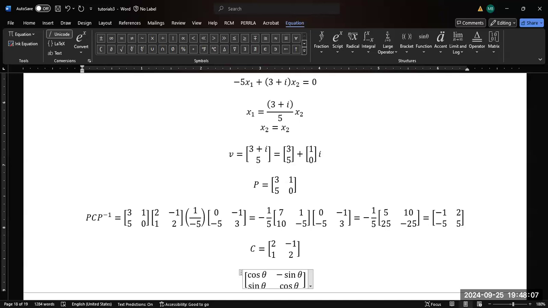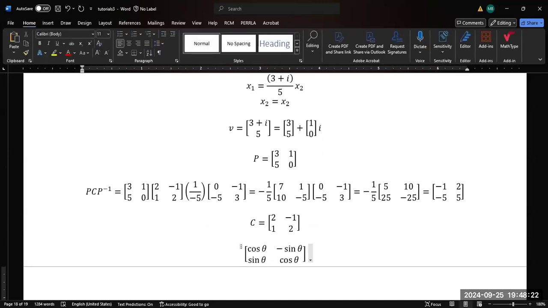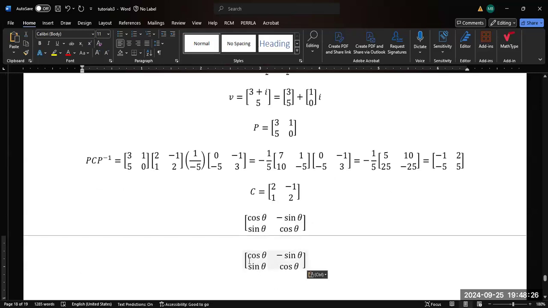Now, the problem is that our entries are not currently having values less than 1. So I can't just take the inverse cosine of 2 because that isn't correct. But this is a scaled rotation matrix. So it's rotating and stretching. So what we need to find is essentially this matrix, but with an r in it. So it's a scaling factor: r cosine and r sine here, and r sine and r cosine there.